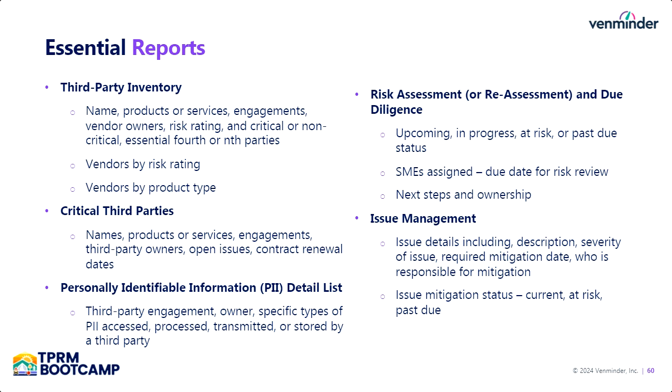We want a specific report just about critical third parties, including the products and services they provide, who owns that relationship, if there's any open issues, and when those contracts are coming up for renewal. We want a report that identifies personal identifiable information, so any vendor that accesses, processes, transmits, or stores PII and what elements of PII they're touching.